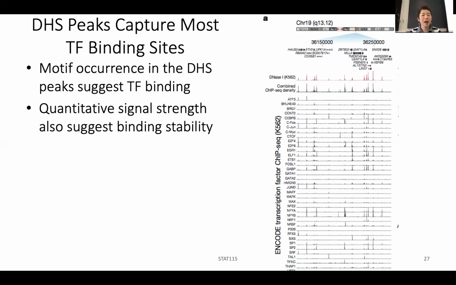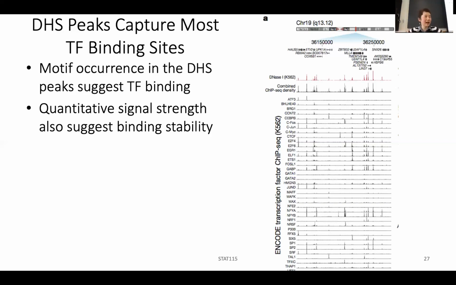And that's why, if you go back to the previous transcription factor ChIP-seq quality control lecture, we mentioned that a way to know whether your ChIP-seq data is good quality is you get those peaks and you ask how many of those peaks we have seen in a DNase hypersensitivity study. Most of the time when you do a transcription factor ChIP-seq, you get a few thousand peaks, and 80 to 90%, or even 98% of the peaks overlap with some DNase before.